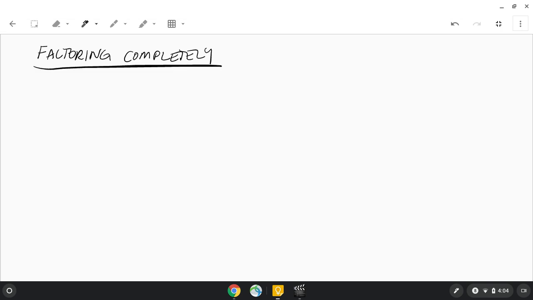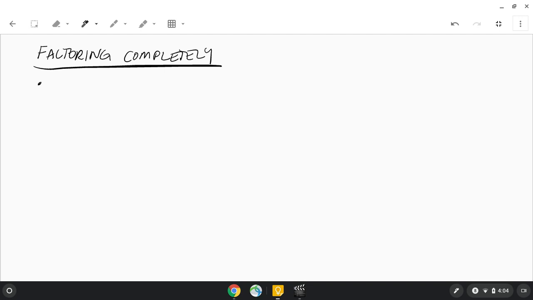Okay, so when we're factoring completely, it may not look factorable right off the bat. But we looked at how to find the zeros of higher degree polynomials when it's not factorable, and we looked at how to use synthetic division to find these zeros.